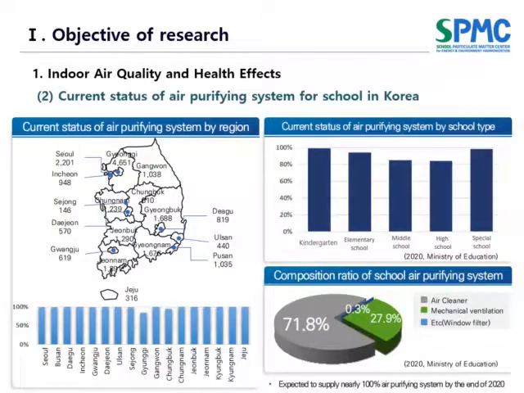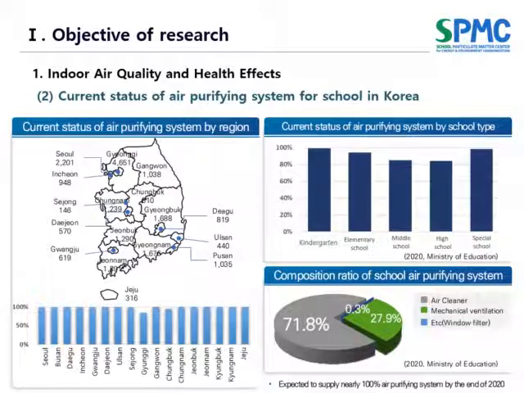These figures show the current status of air filtration systems in schools in Korea. According to the Ministry of Education's plan, air filtration systems are being installed in all schools, especially considering the children's weak immune system.